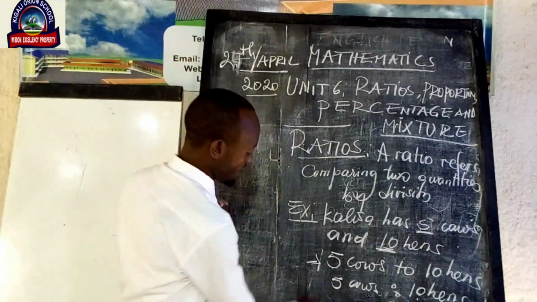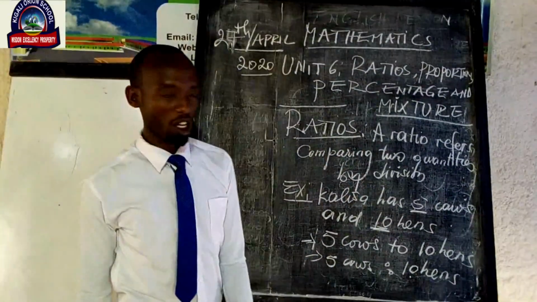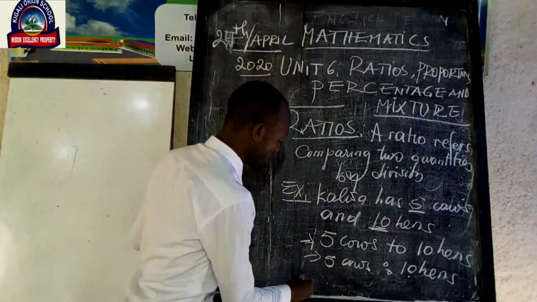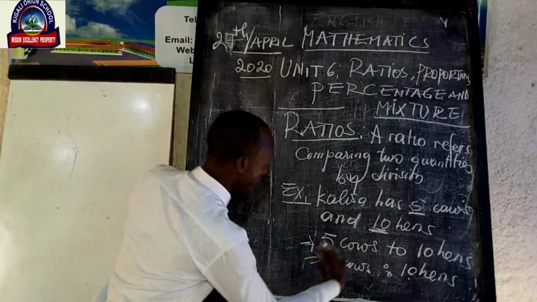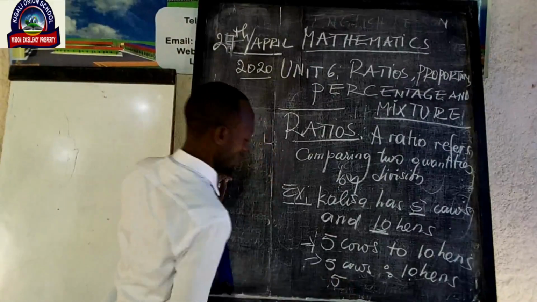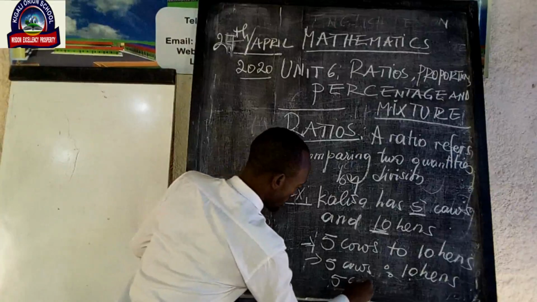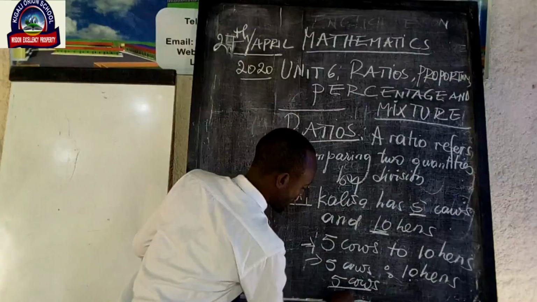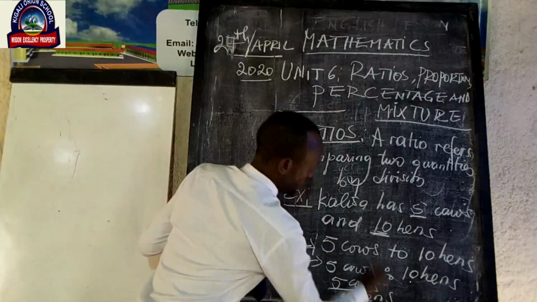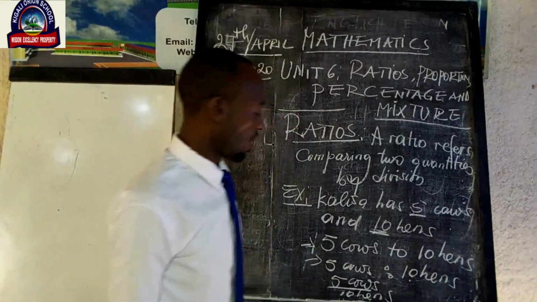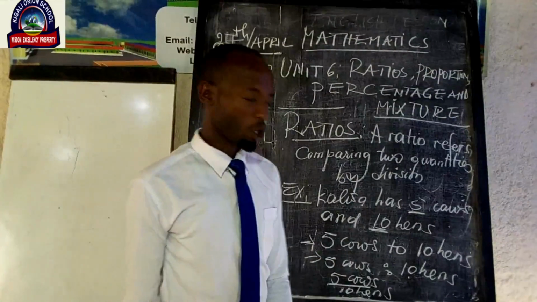That is the second way of writing a ratio. Or I can write saying that Carissa has 5 cows over 10 hens. These are the 3 ways of writing a ratio.